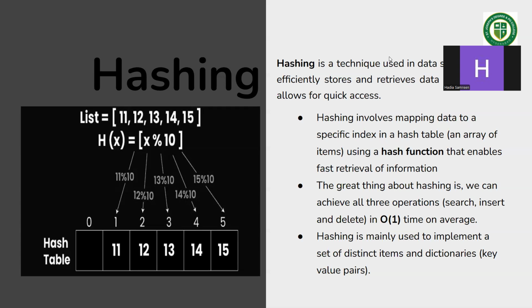Hashing is a technique that we use in data structures. In data structures, we also deal with a large amount of data, and we have no time to go through each and every data element and each and every memory space.